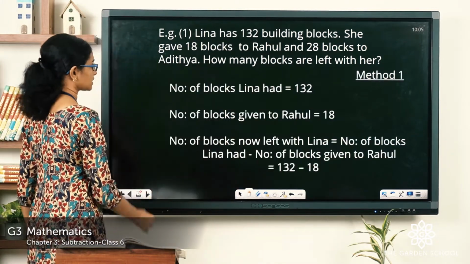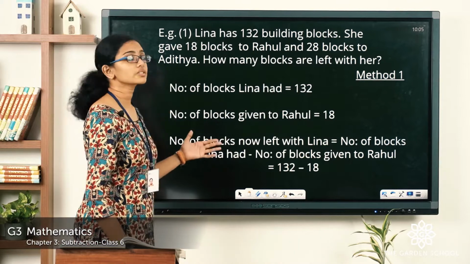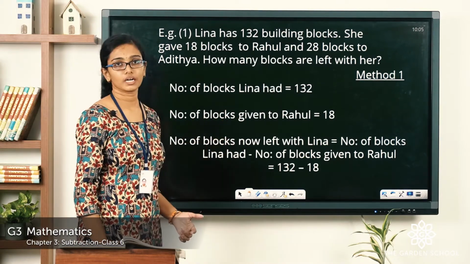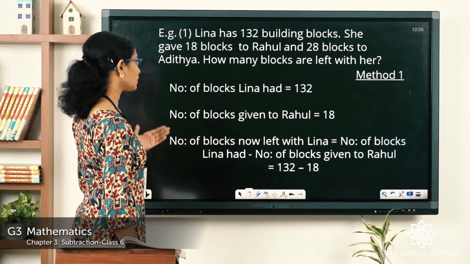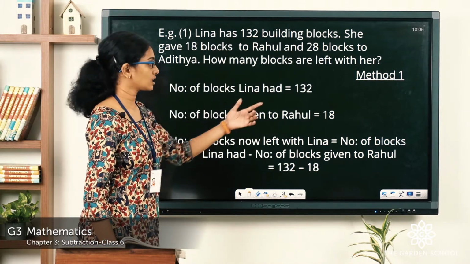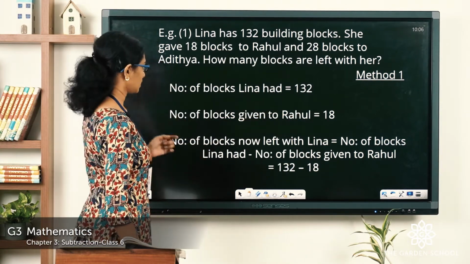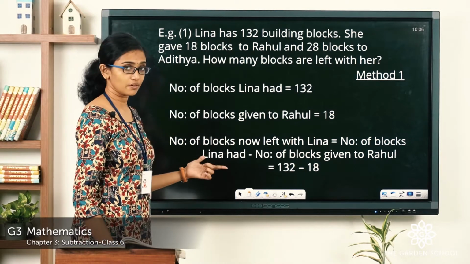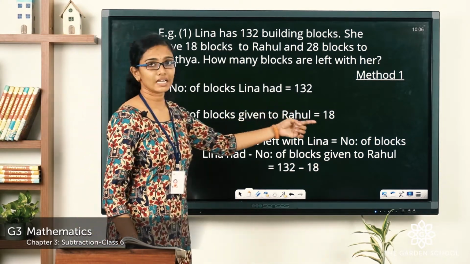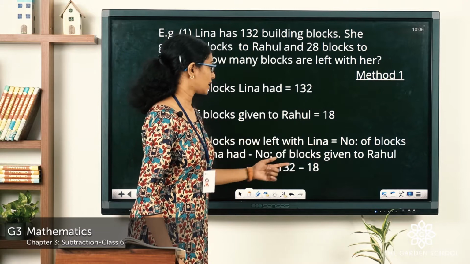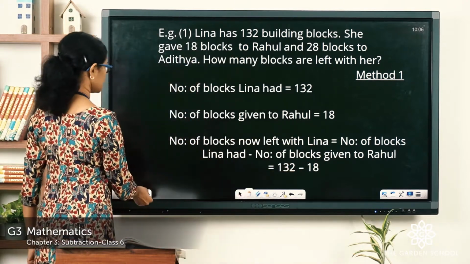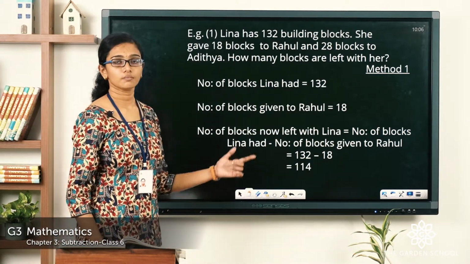So let's see the steps with that method. Number of blocks Lena had is equal to 132 blocks. Number of blocks given to Rahul is equal to 18 blocks. The number of blocks now left with Lena, that is after giving 18 blocks to Rahul, she has how many? She has 114 blocks with her.